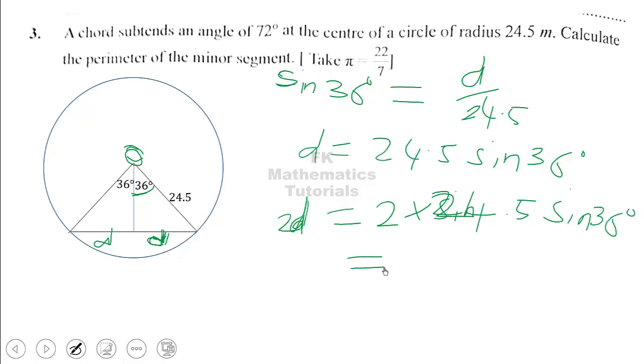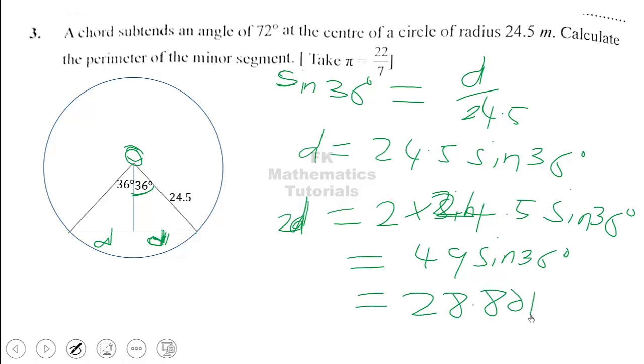So that will be equal to 49 sine 36 degrees. And what would that give us? That will give us 28.801. So you can work with more than 2 decimal places.